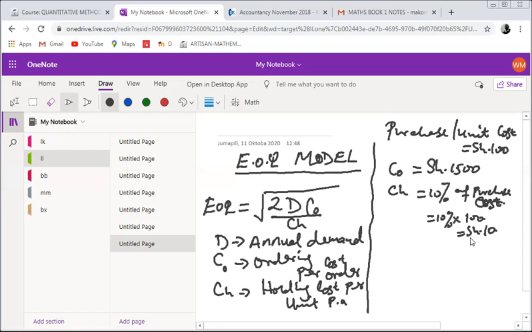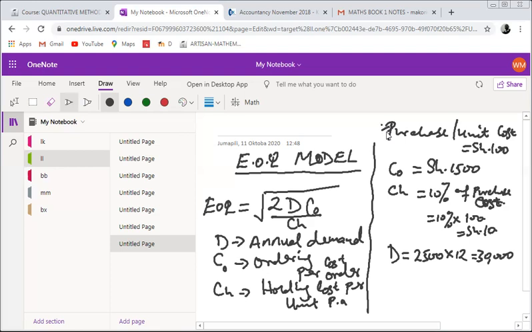And then you are told that the consumption of the component is 2500 per month. So D is 2500 per month. But remember what I said: D must always be annual. So we multiply 2500 by 12 to get the annual demand, because 2500 is per month. You realize that we are going to consume 30,000 units per year.